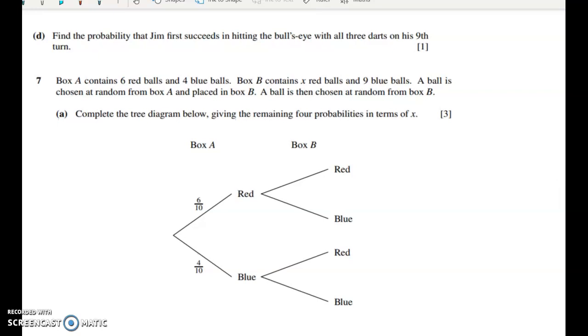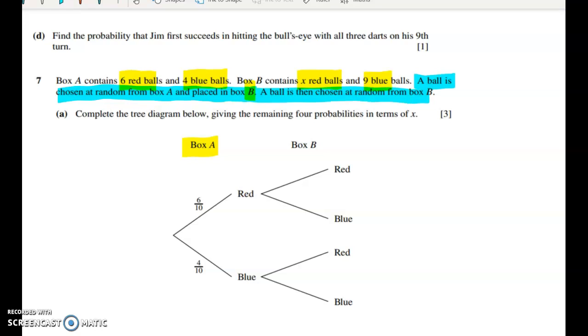Okay, so we've got 2 boxes, and box A has got 6 red balls and 4 blue ones, and then box B has got some number of red ones and 9 blue ones. And we take a ball out of box A and we put it into box B, and then we choose from box B. So you have to understand that setup so that you can get your box B probabilities.